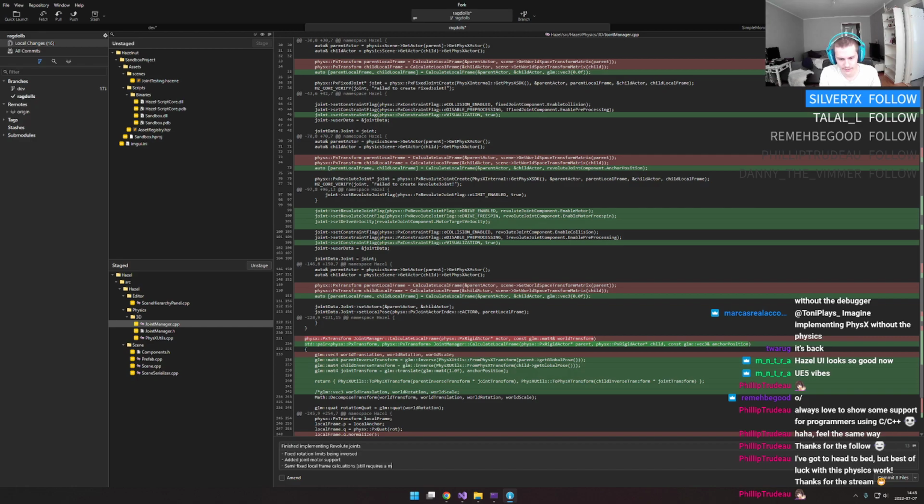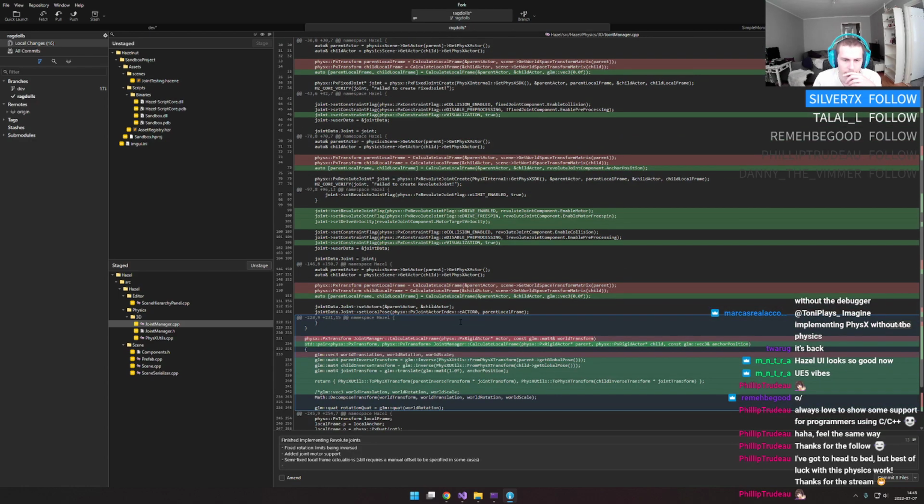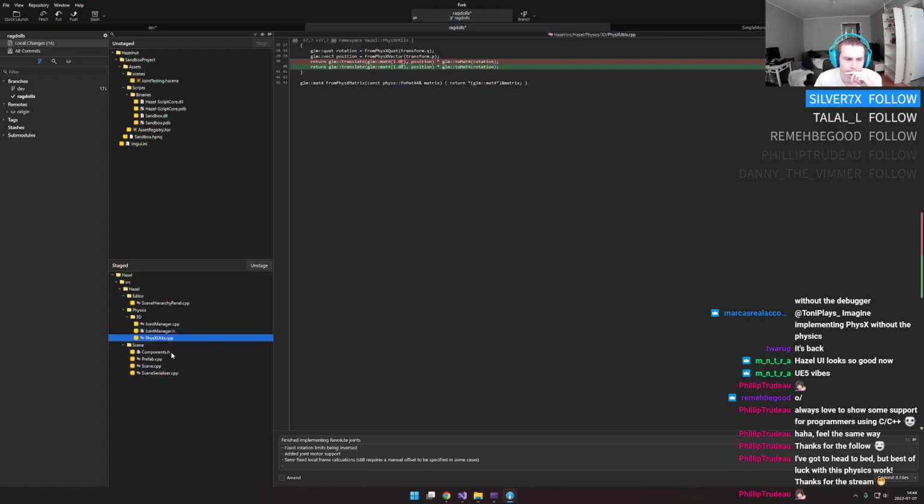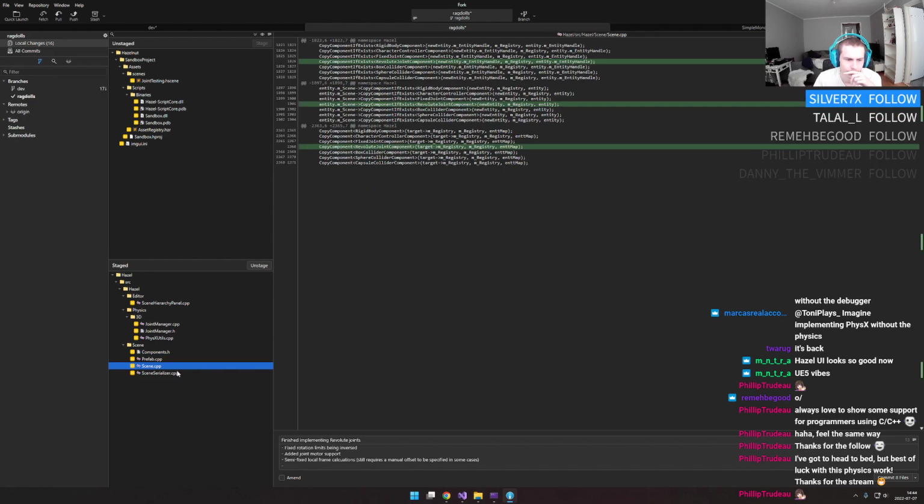It requires a manual offset to be specified in some cases. Joint component is now copied properly.